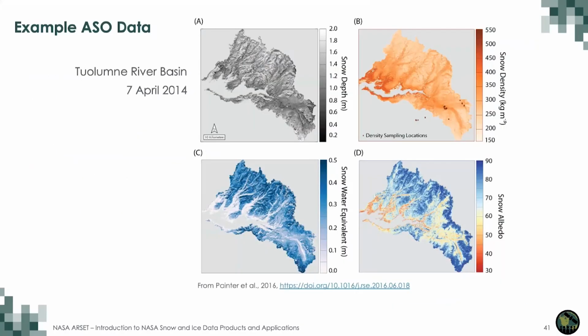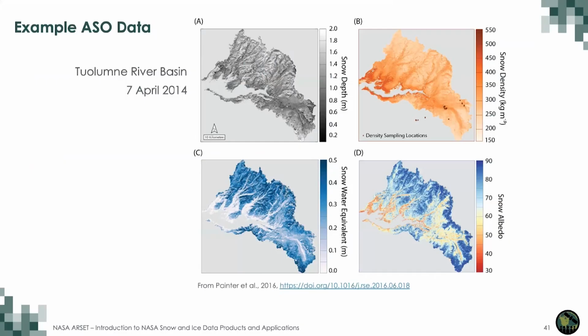This is just an example, the Tuolumne River Basin back in 2014 in California. And you can see a lot of detail here, and all different parameters: the snow depth, the snow density, the snow water equivalent, and the albedo. And these are all really important for understanding the hydrology, understanding water resources, how the drainage and water supply will work out in the summertime as the snow melts and you have the runoff.